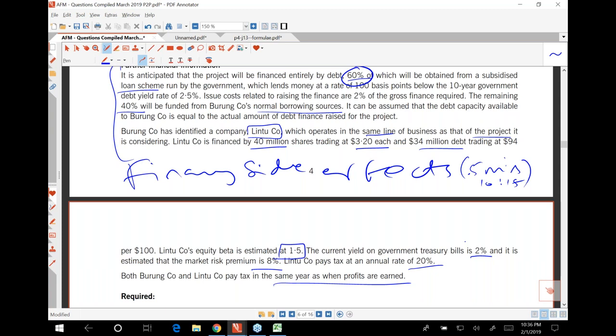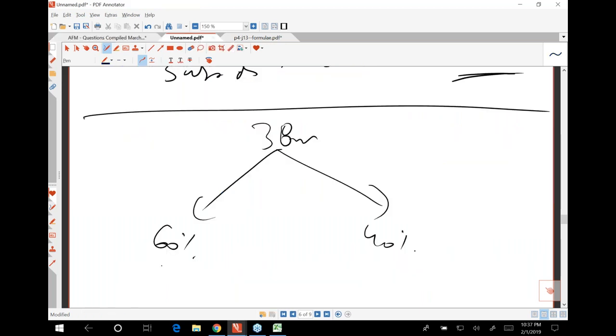So this is going to be 1.5%. Issue costs related to the finance are 2% of the gross finance required. So issue costs are going to be 2% of it.